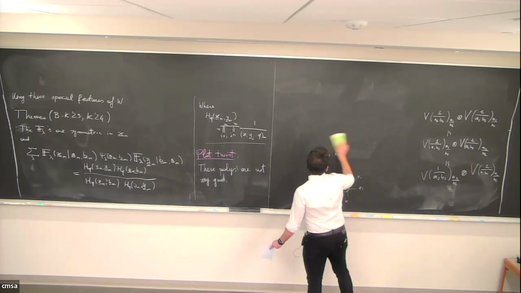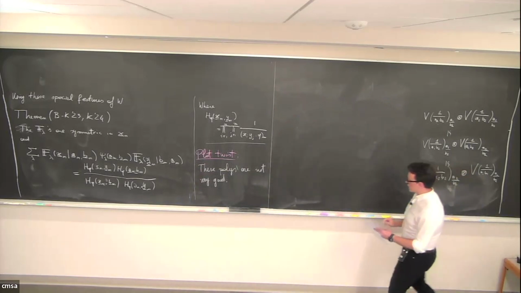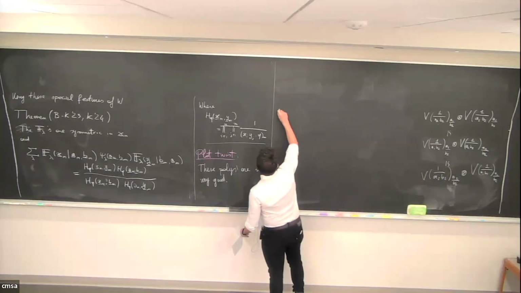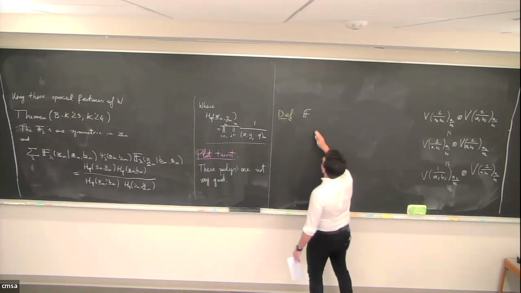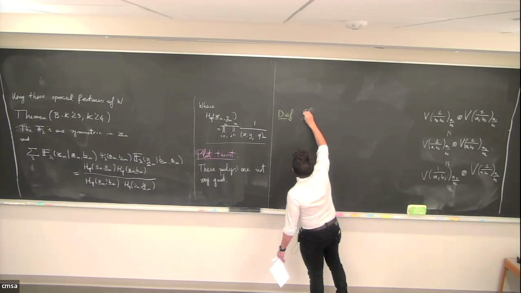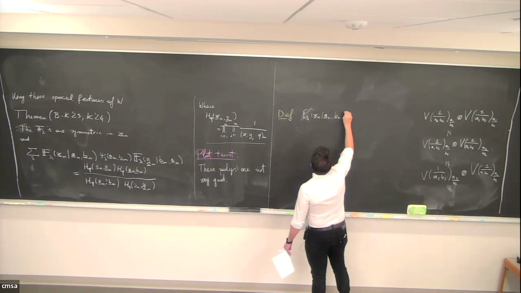And in fact, this is the definition, which I think solves the issue. So let me define. Definition: the family of polynomials, which humbly I will define with a lowercase f, f_lambda(x_n; a_{n-1}, b_{n-1}).